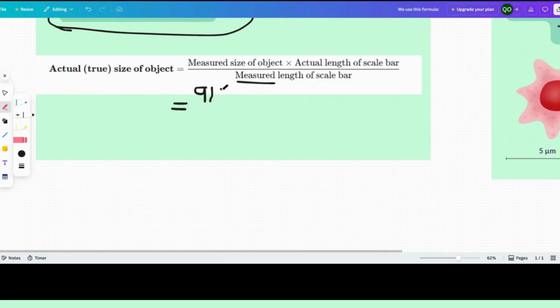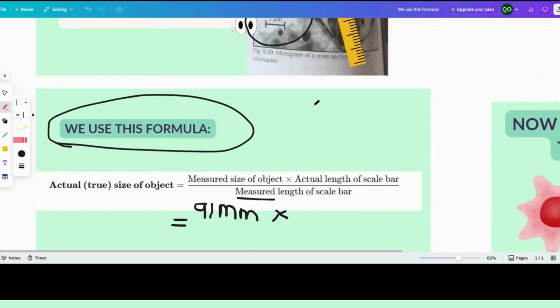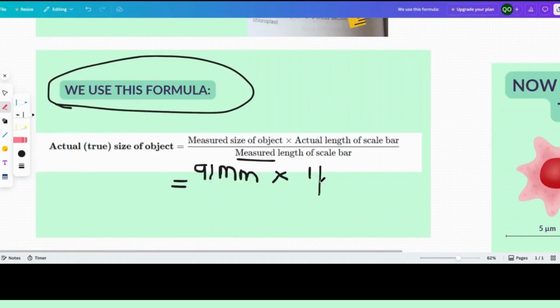You substitute it in with your units because it's going to be very important to cancel them out, like with maths. That's why it's very important to concentrate in all the classes, because it's applicable in most of them.